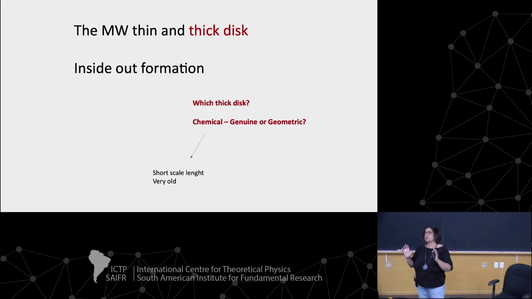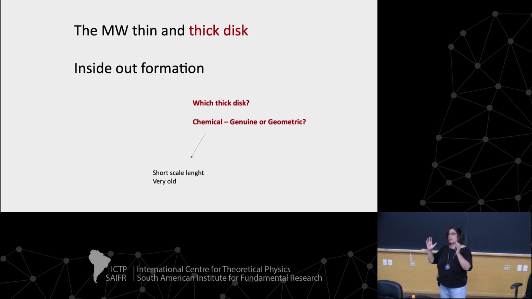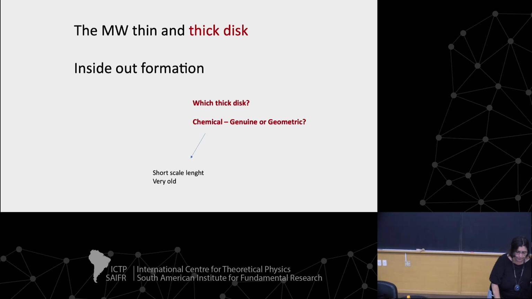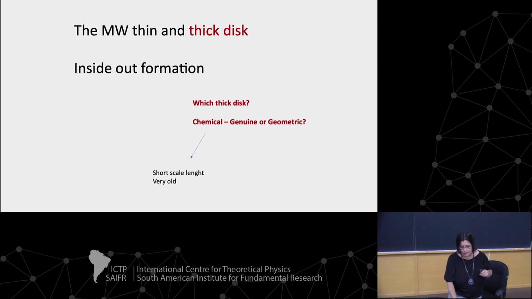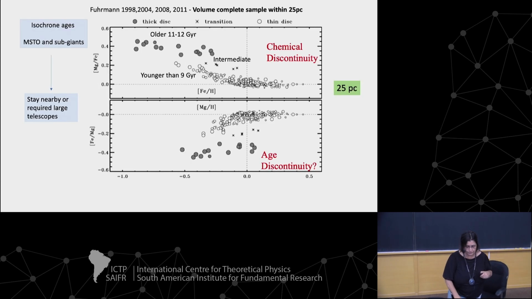Because from this data, I'm going to show you the geometric thick disk, stars that are in thick disk orbit. But there is also the genuine thick disk, the high alpha thick disk, the really old thick disk. They are not the same, okay? So that's why I put here genuine or chemical. So you have to define.